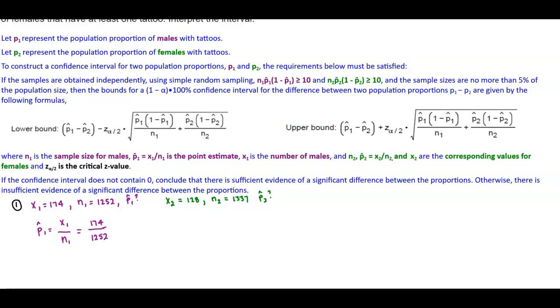Next we have point estimate 2, which is x2 over n2, and so that becomes 128 over 1337.